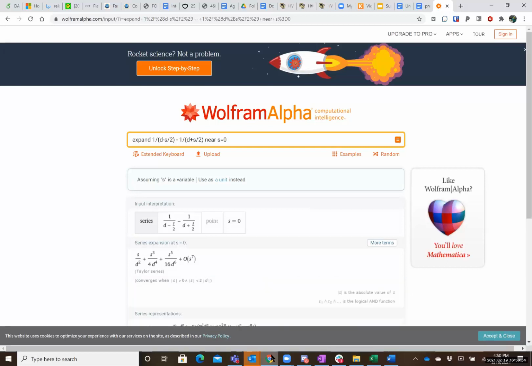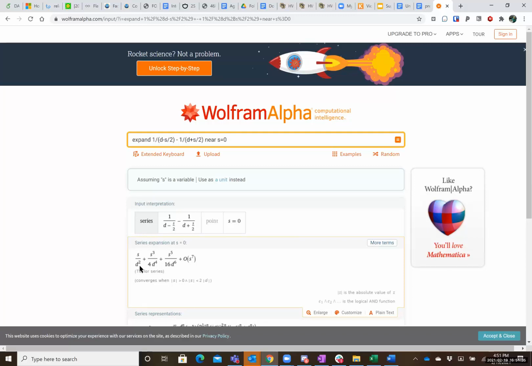If I ask Wolfram Alpha to do something that's too hard and it takes too long, it'll quit on me, and then I have to use my actual Mathematica installation instead. But what this is telling me is that it's taking this function and expanding it around s equals 0. And this, it says, is what a good expansion is. So instead of using this complex expression, I can just write s over d squared instead of it. That's what Wolfram Alpha claims I can do. How is that accomplished?